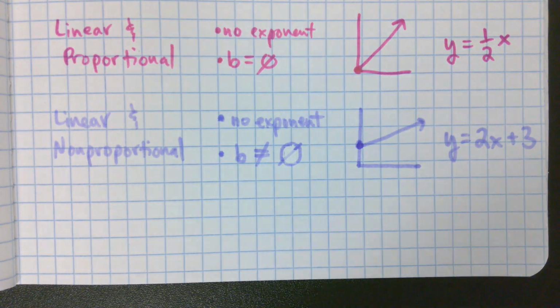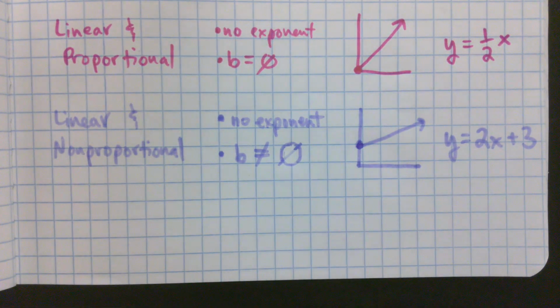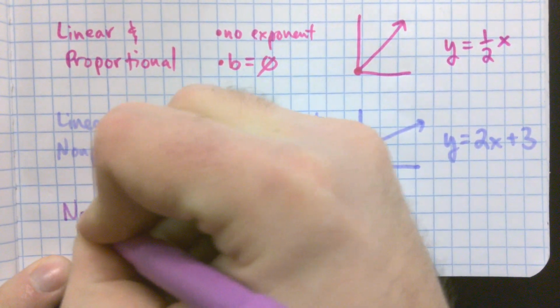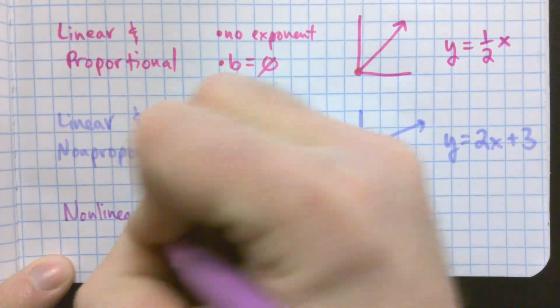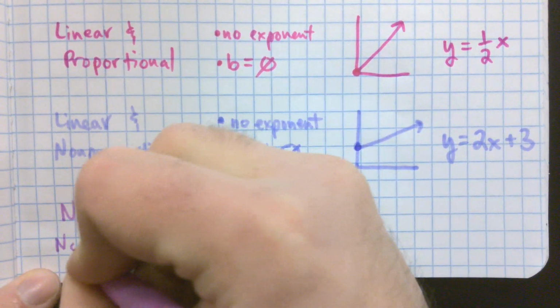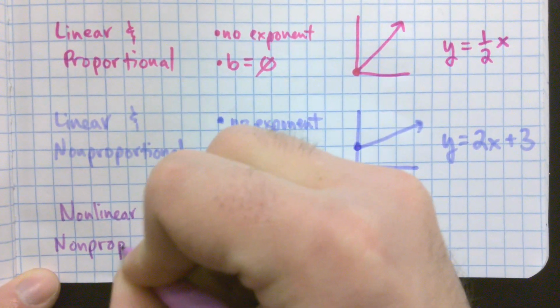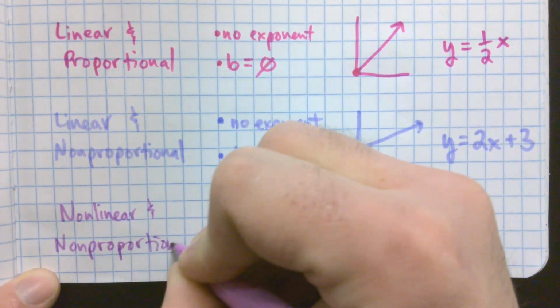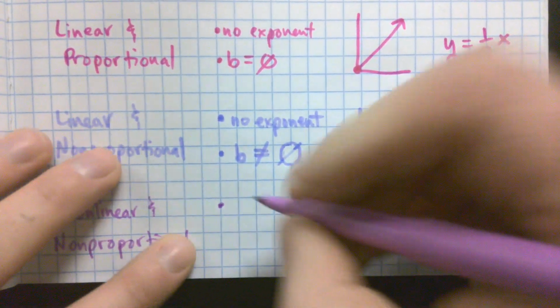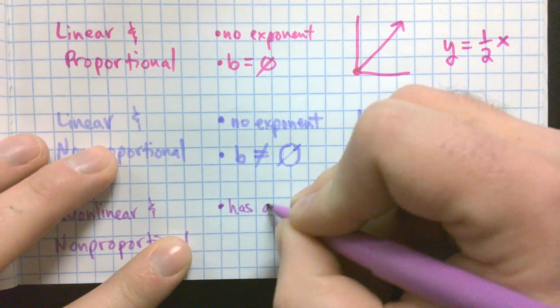Last but not least, we have nonlinear and non-proportional. This one has an exponent.